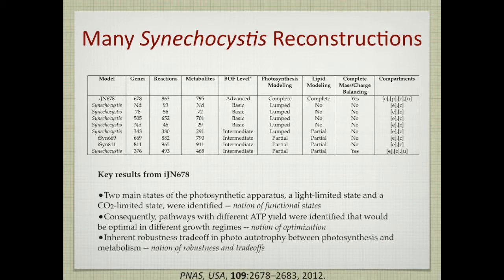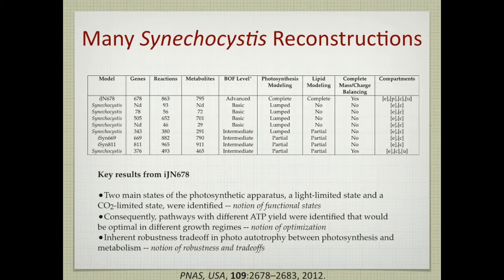And there have been many successive reconstructions of this organism, as indicated in that table. And a couple of years ago, they were all put together into a consensus reconstruction, and that reconstruction was expanded and curated by Juan Nogales, who spent a long time on the manual curation and came up with a very well validated model.